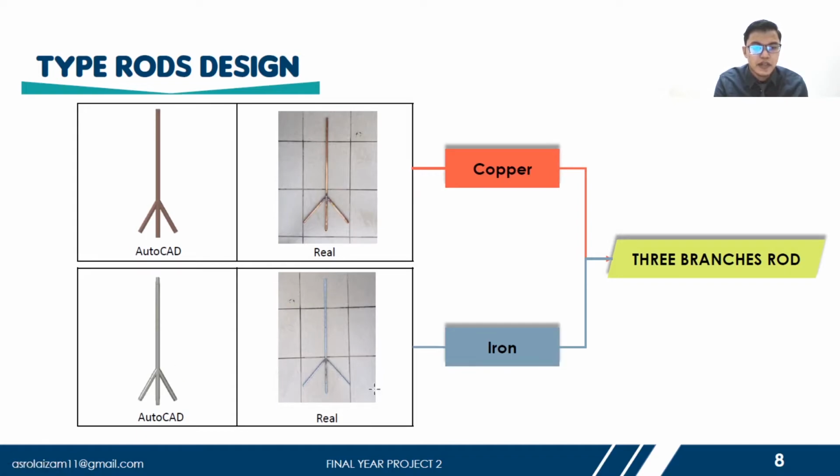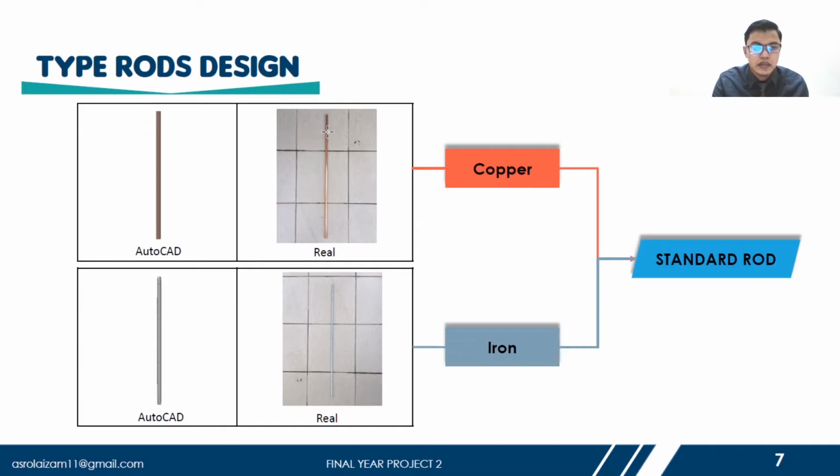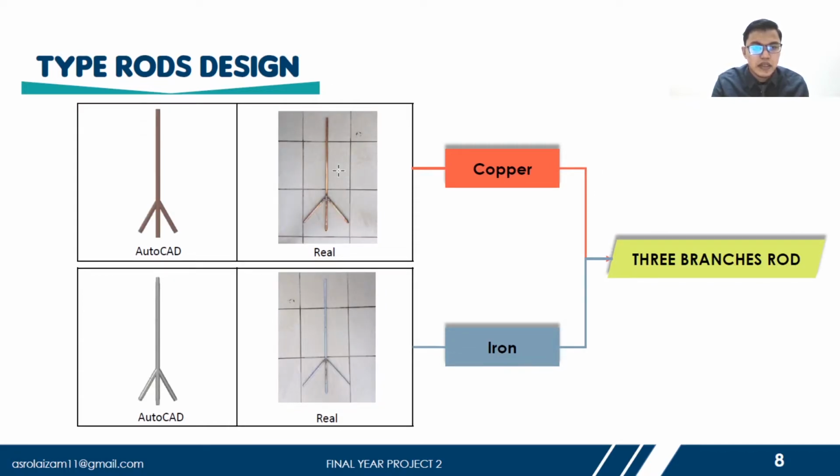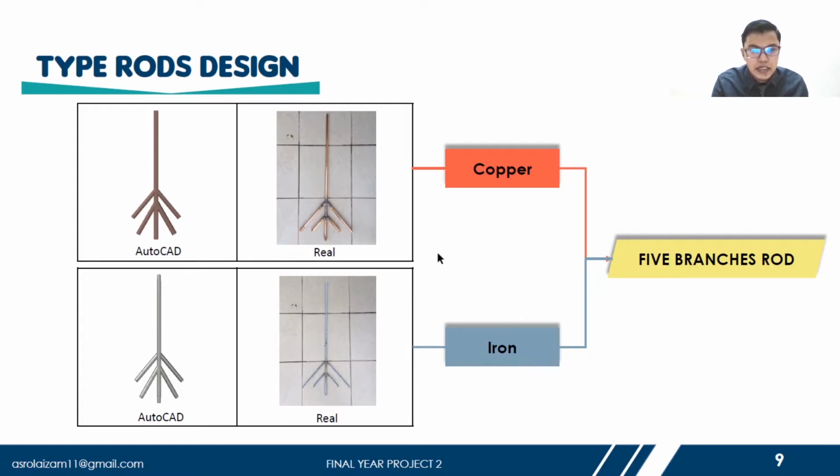This is for the iron road. As you can see here, the length of the road is 0.7 meter, the diameter for the copper is 12 millimeters, and the diameter of the iron is 9.525 millimeters. The last design is the 5 branch road, which is the copper road.